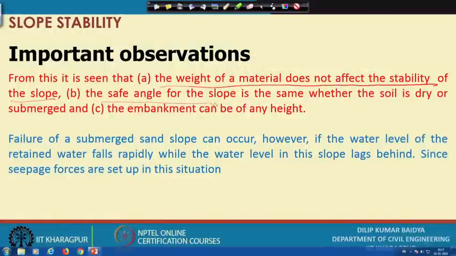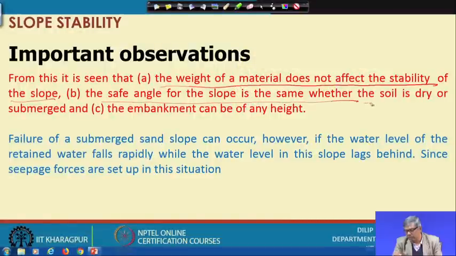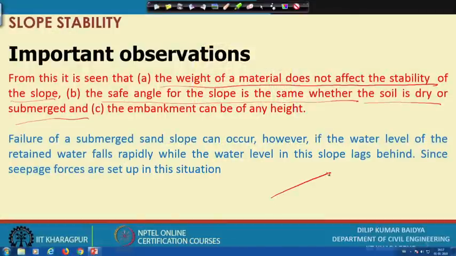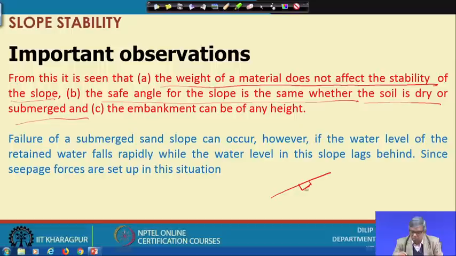The stable angle for the slope is the same whether the soil is dry or submerged. That means, I have not considered whether it is dry soil or submerged soil or partially submerged soil, nothing. Simply I have considered the weight, and the only assumption is that it must be homogeneous, because when I consider a slope and take a small mass from here, that entire slope region should be the same, whatever soil type is here should be everywhere, then only that is valid.